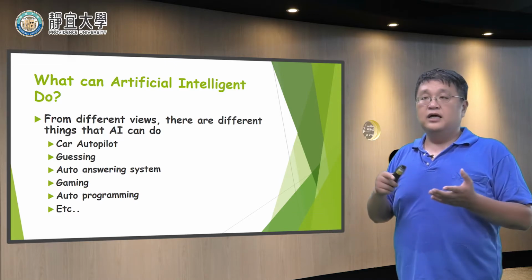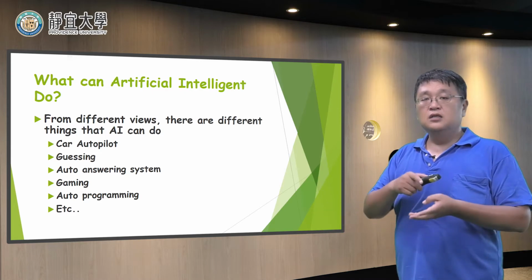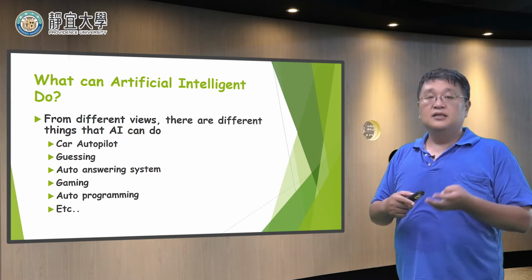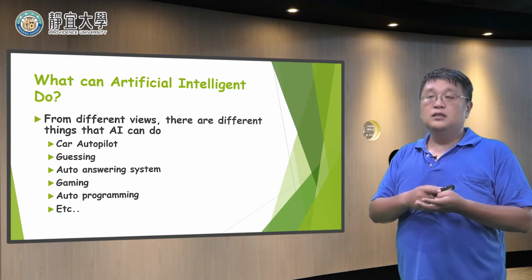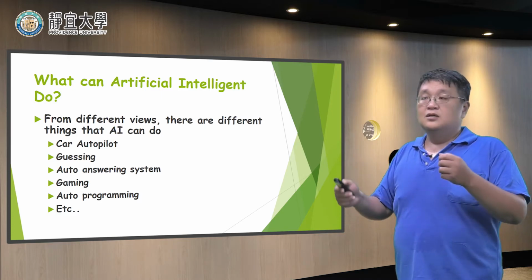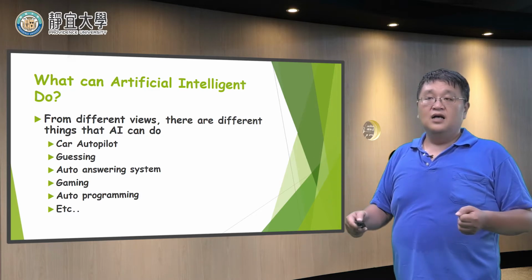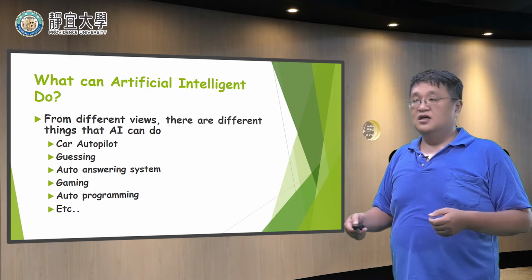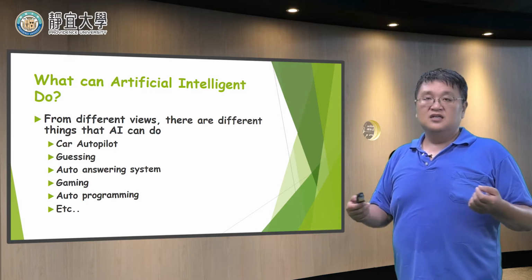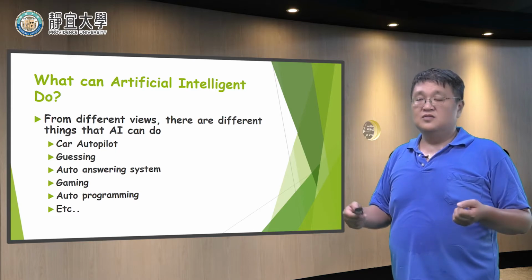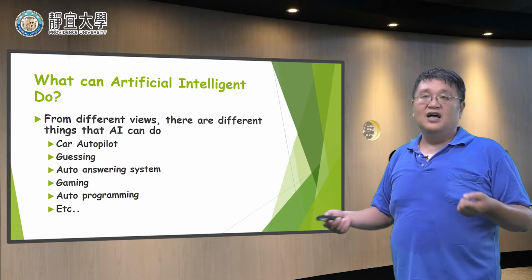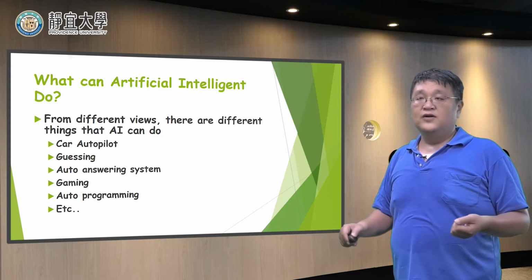We can see that there are a lot of products here, something like car autopilot. You drive on the road. Today we're going to Taipei, and I drive the car on the highway.